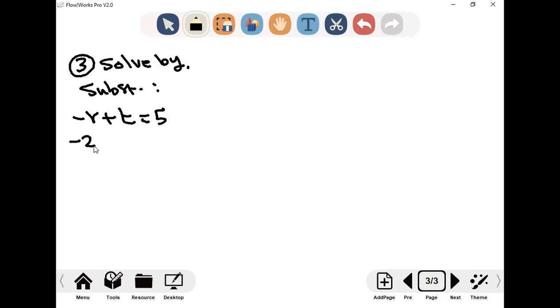Negative 2r plus t also equal 4. I'll use what here? Substitution. R, T. R and T. So negative R plus T equal 5, negative 2R plus T equal 4. Okay?